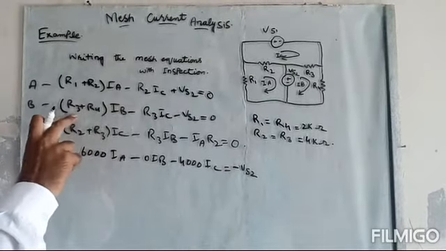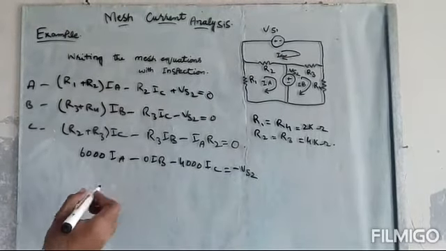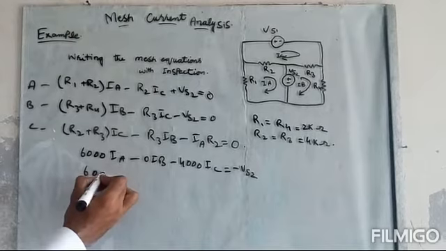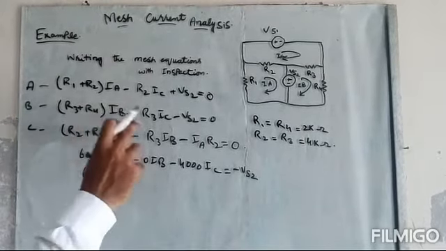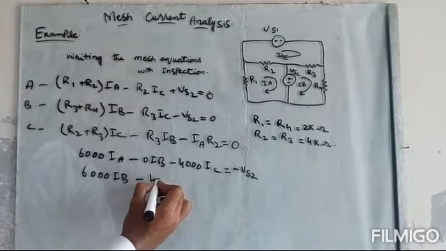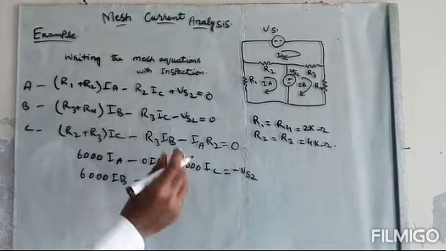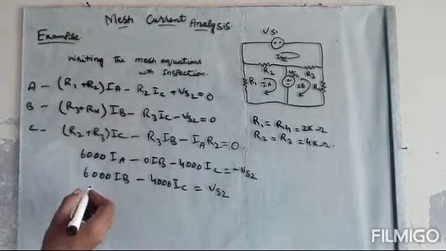In the second equation, R3 plus R4. R3 is 4000 and R4 is 2000, so it will also be 6000 IB. IA is 0 in this equation, minus R3, which is 4000, IC, and minus Vs2 is equal to Vs2 on the other side.